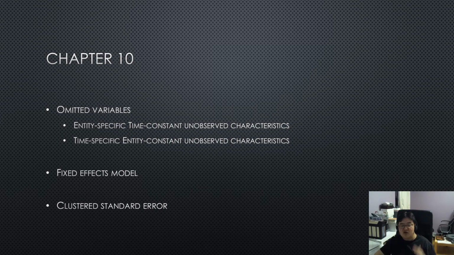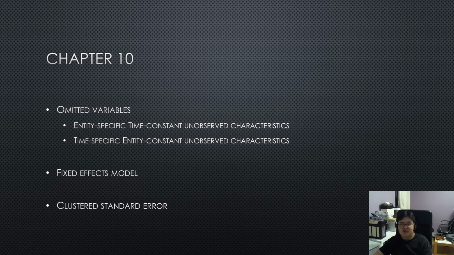The idea is simple. You assign dummy variables for each entity or for each time, or both, in the model. So then it's like having different intercepts for different entities or for different years. Interpretation is also pretty simple.